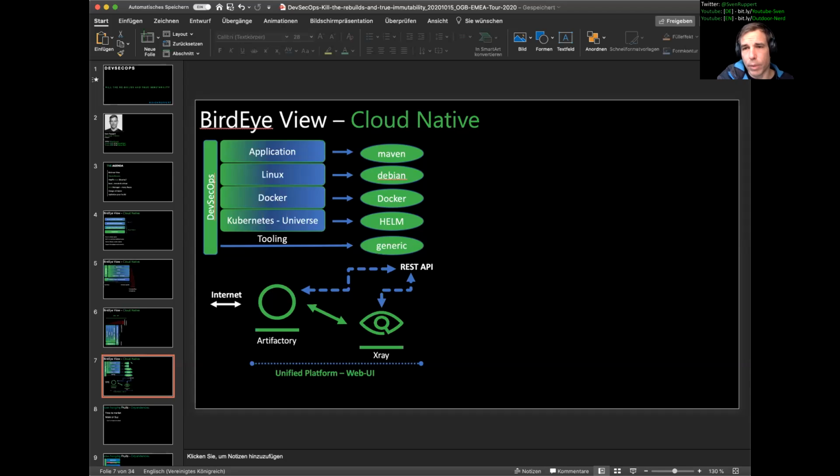On Linux, you have maybe a Debian or Alpine or whatever, but you have some kind of repositories, you're adding dependencies, and then it's a composition of your operating system layer. The same with Docker, you have some base image, and then you're adding your configuration on top of this. Or if you're doing all this stuff inside the Kubernetes world, you have Helm charts to build the full composition of the system.